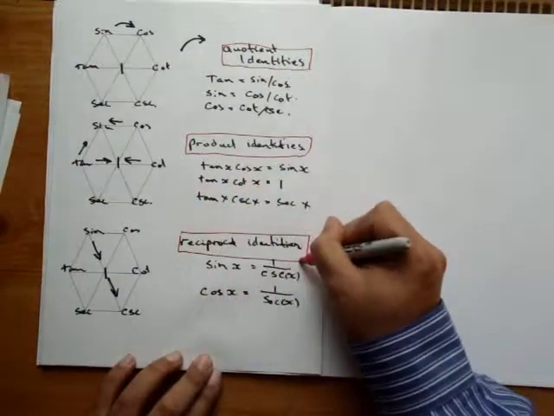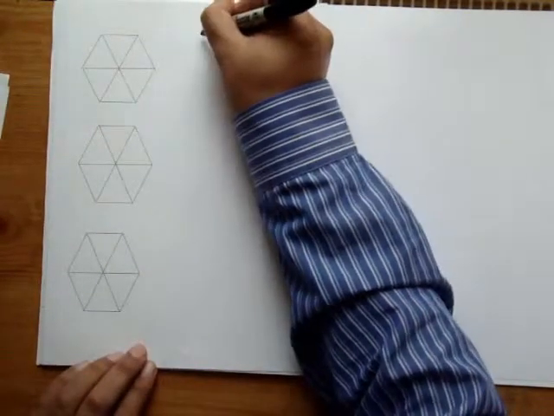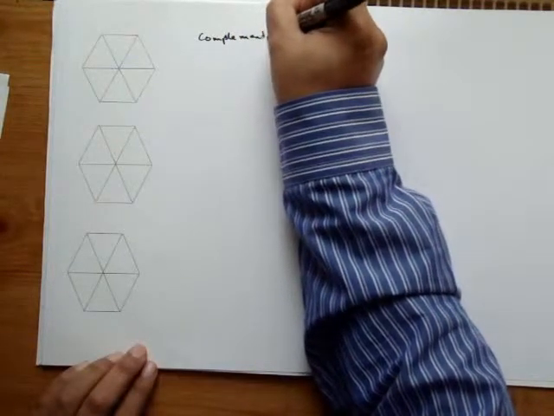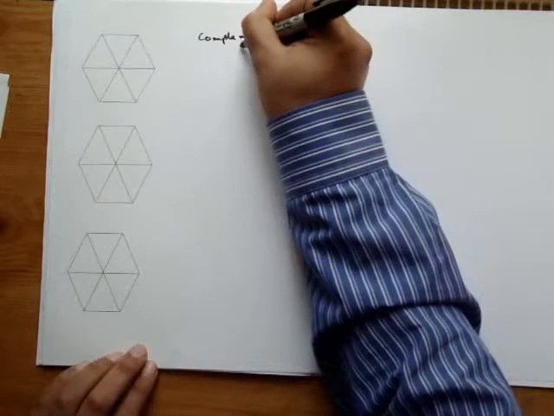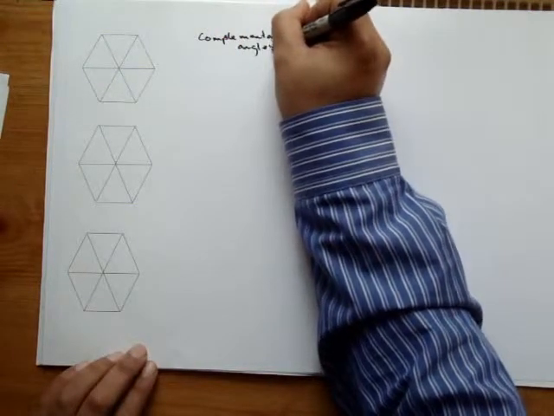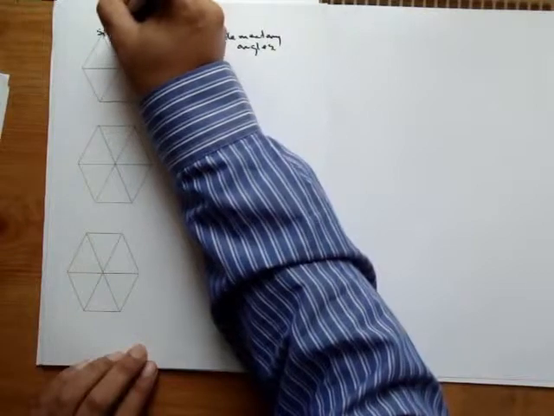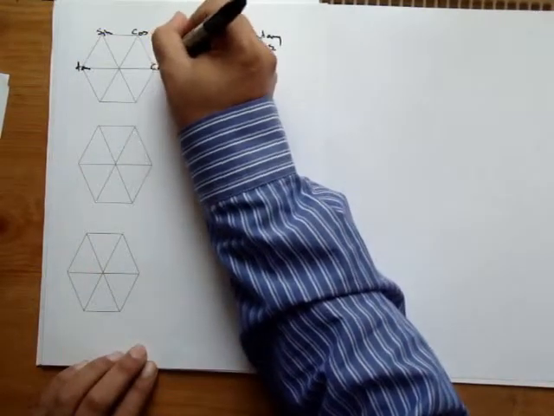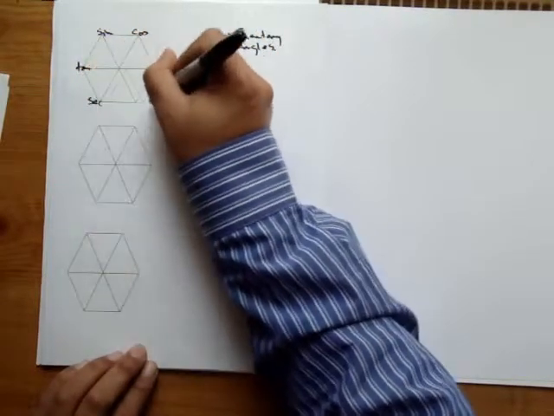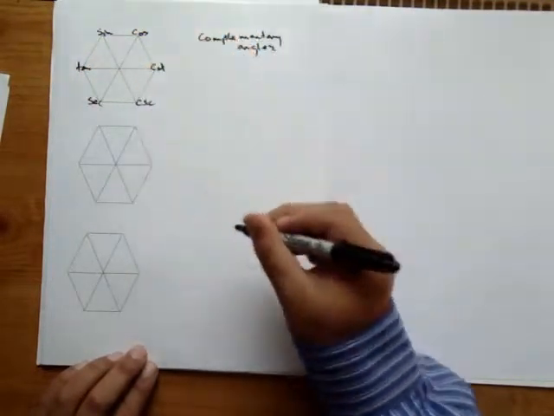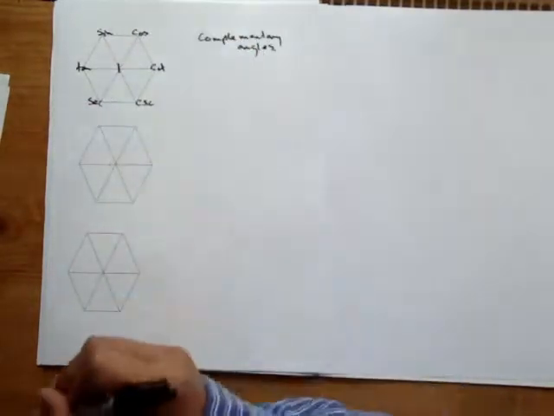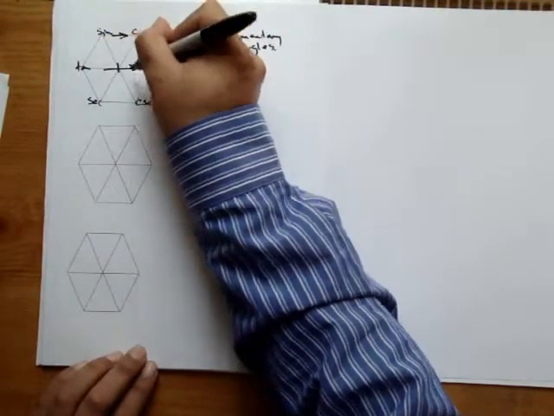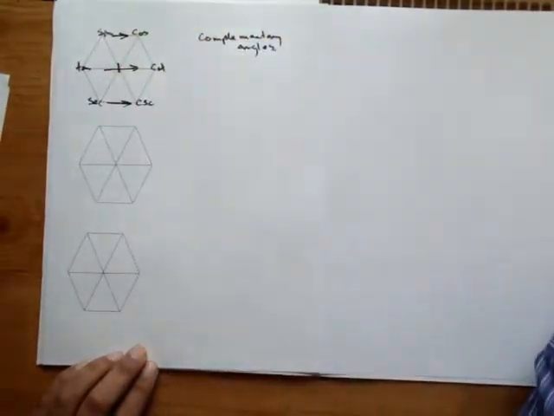using the hexagon. If we want to know complementary angles, so again we have sine, cos, tan, cotangent, secant, cosecant. So the complementary angles go across like this, across like this, and across like that.